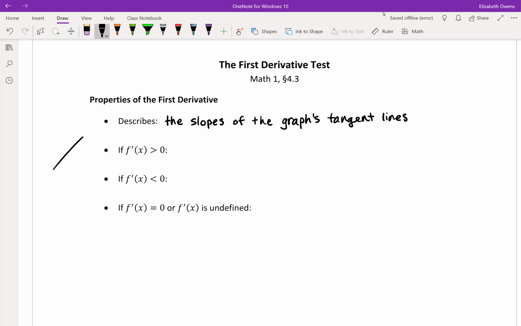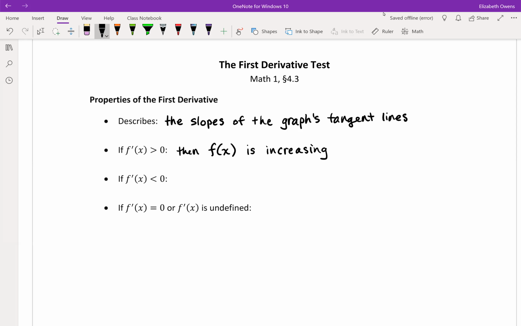Those positive slopes would show us that values are generally moving up as we go from left to right. So if the derivative is positive, then our function f of x is increasing in value, because of that positive tangent slope.